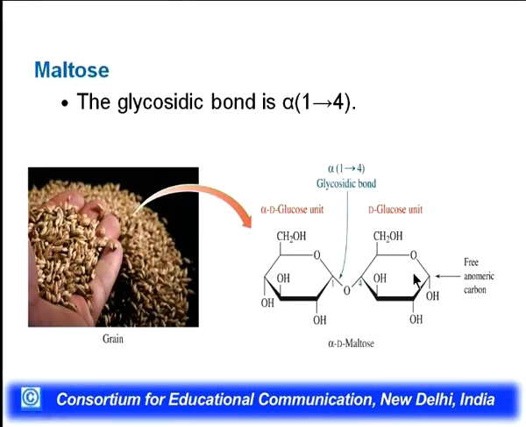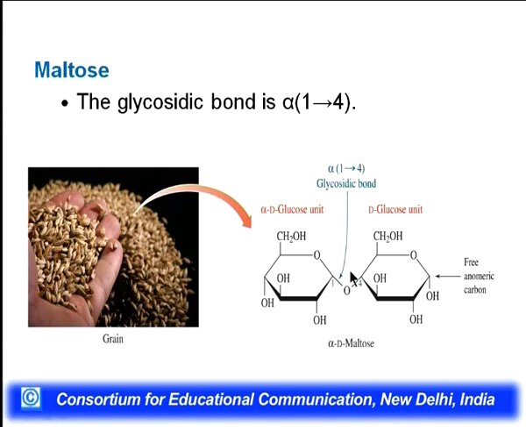When we talk of maltose, what I have shown here is the glycosidic linkage, the alpha D linkage. When we show the alpha linkage, we point the bond towards the lower side. The oxygen bond, the ether bond, is shown towards the lower side, and this is the glycosidic bond.